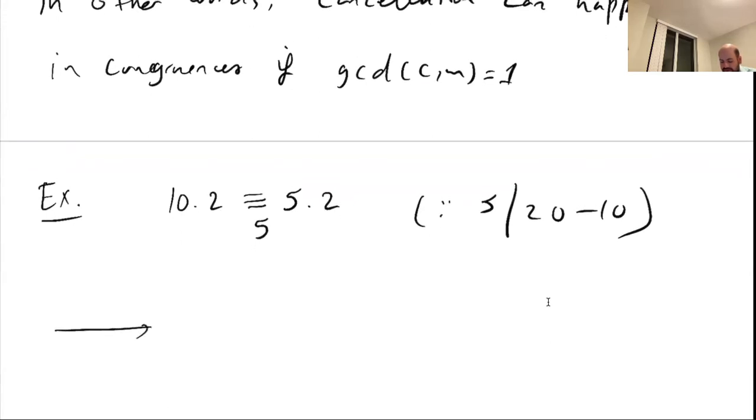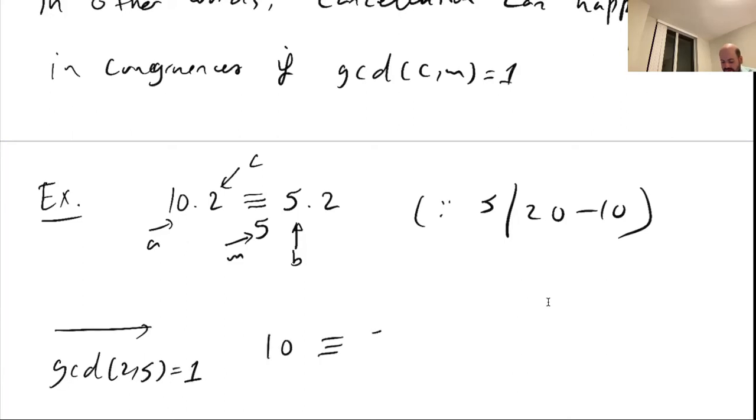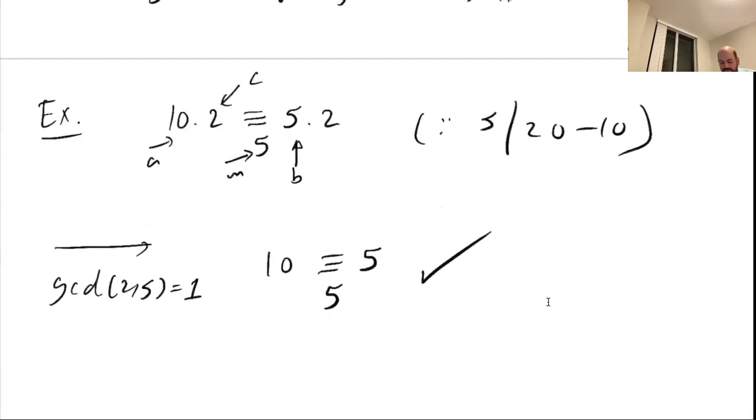And here, this is my A, this is my B, and this is my C, and this is my M. Now C and M are relatively prime. So that means I can do the cancellation. And I can say 10 congruent 5 mod 5, which is true. So if the number you want to cancel is relatively prime with M, then you can do the cancellation.